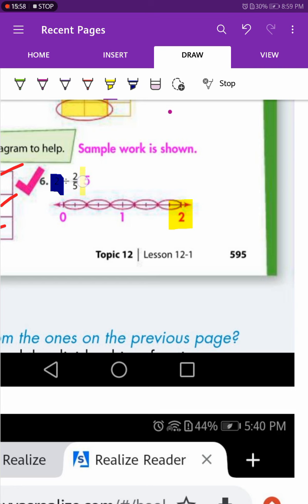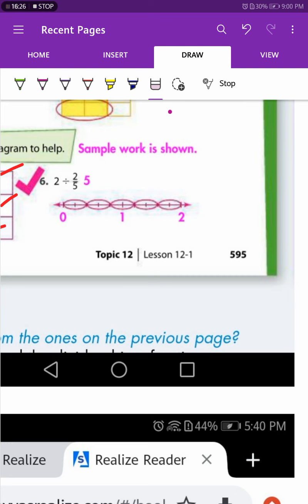If he asks me about the 2 over 5, see, I hide it and I see it has 1, 2, 3, 4, 5. So the number down is 5. Okay, and the jump, he jumped by 2. See, 1, 2, he jumped by 2. So it is 2 over 5.